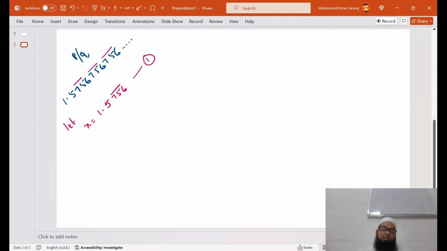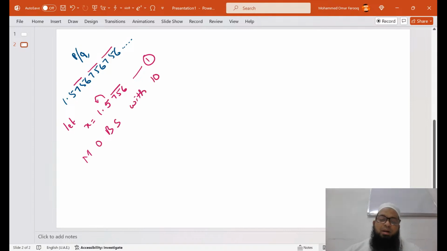So whenever we have this kind of rational number, what we do, we take out the decimal part which is not repeating to the whole part. So how many decimals we have to bring to the whole part? 1. So you have to multiply on both sides with 10.